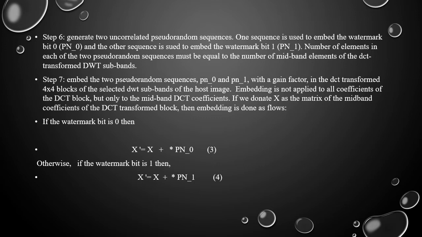It is only applied to the midband DCT coefficients. If we denote X as the matrix of the midband coefficients of the DCT transformed block, the embedding is done as follows. If the watermark bit is 0, then X bar is equal to X plus Pn0. Otherwise, the watermark bit is 1, then X bar is equal to X plus Pn1.